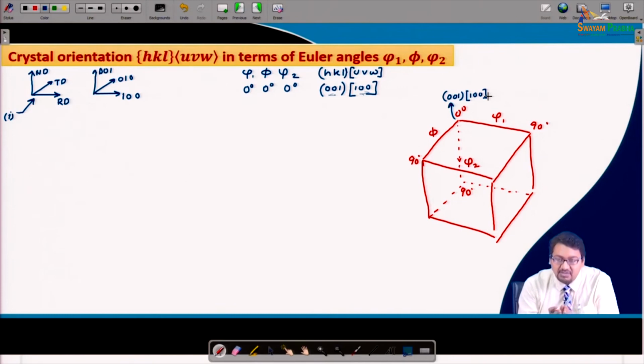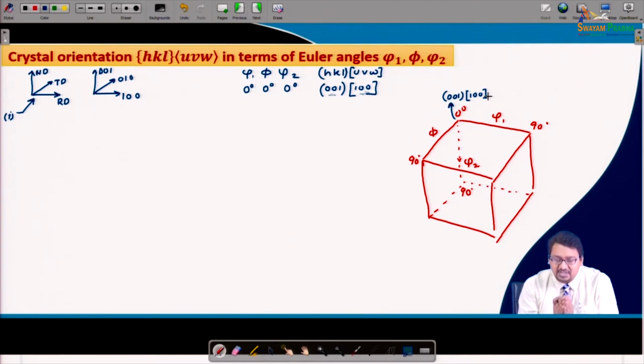But when we are tracing back the crystal orientation while we rotate the sample coordinate system, we should remember that we have to rotate in the reverse sequence.